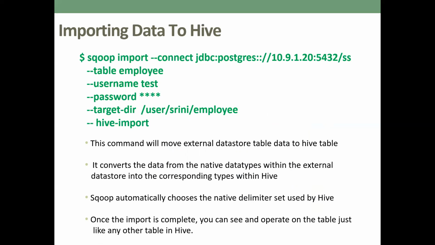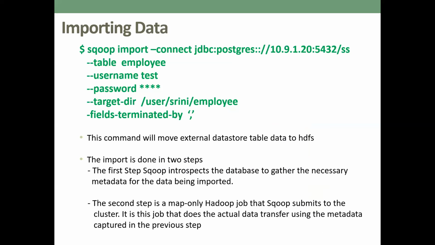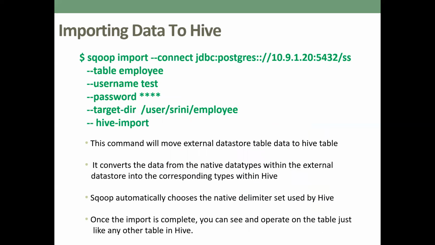Okay, so this is for a Hive table. This is for HDFS we saw. You just have to provide the target directory and the HDFS path. For Hive, this part is going to be the same because we are pulling from Postgres, with the table name and the user ID and password. And the target directory you have to provide. And then the Sqoop import.